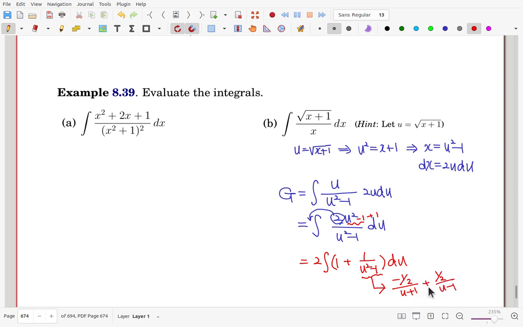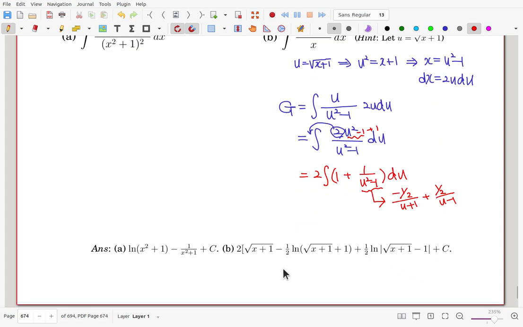Yes, that is correct. Now we have separated terms, so for each one you can get the antiderivative quite easily. You can see the answer here, so try to do it yourself and match it with the answer here.